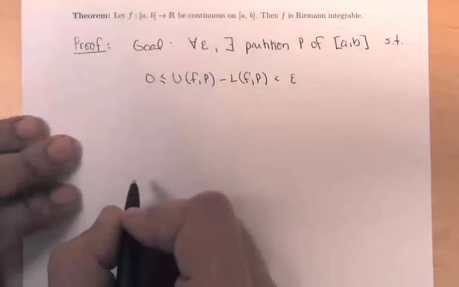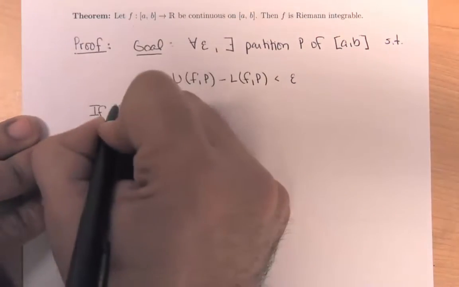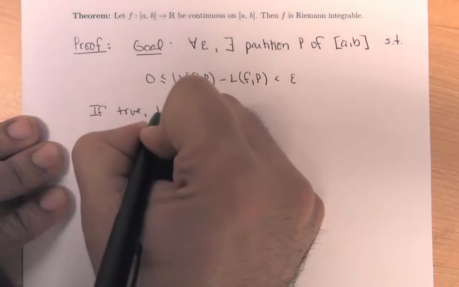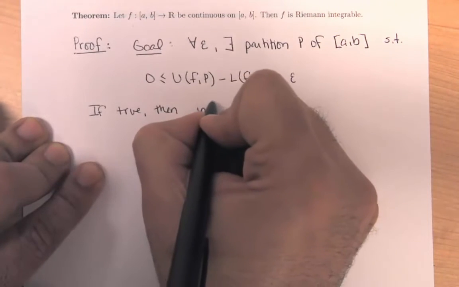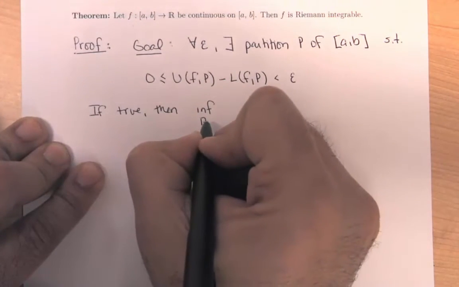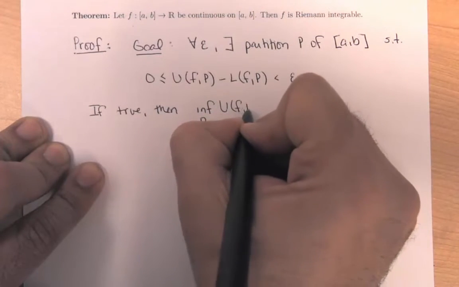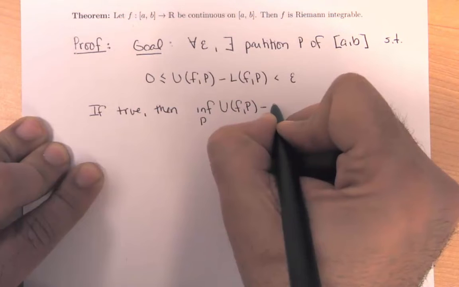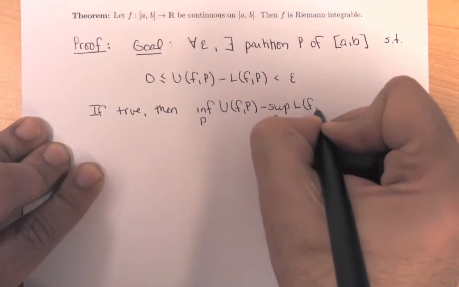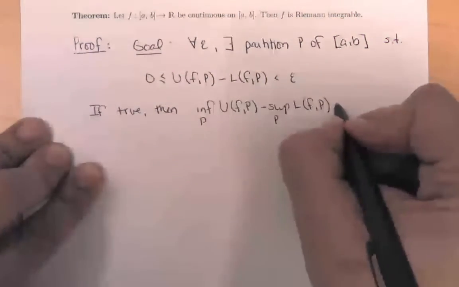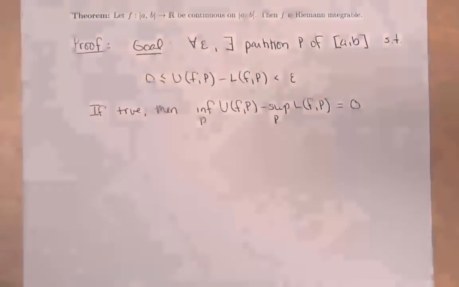If our goal statement is true, then if I were to make the upper sum as small as possible and make the lower sum as big as possible, then this is 0.